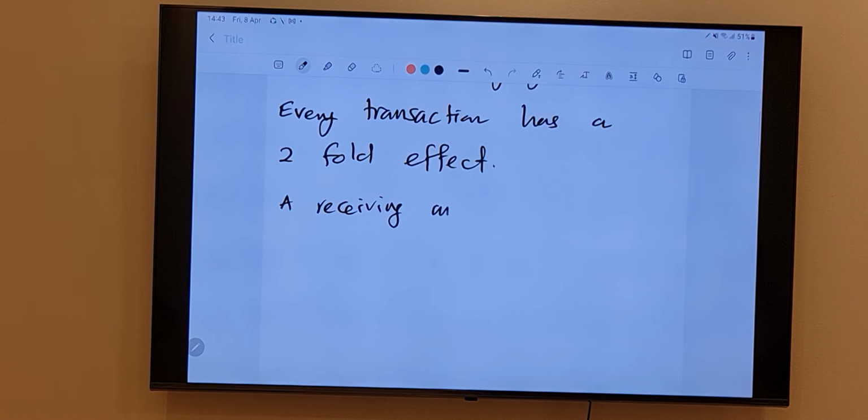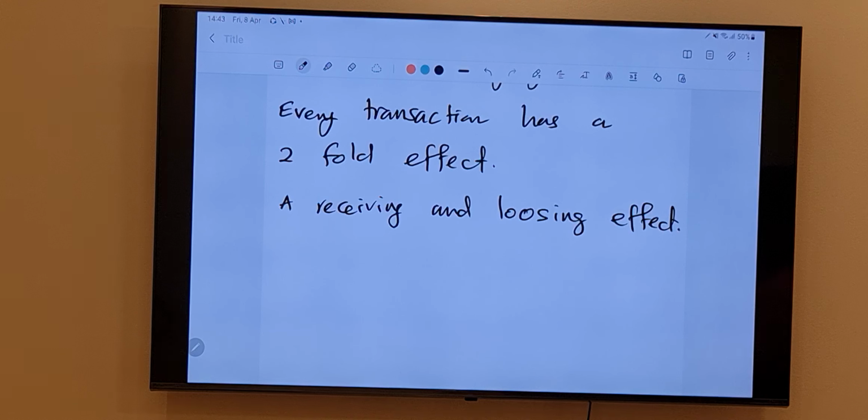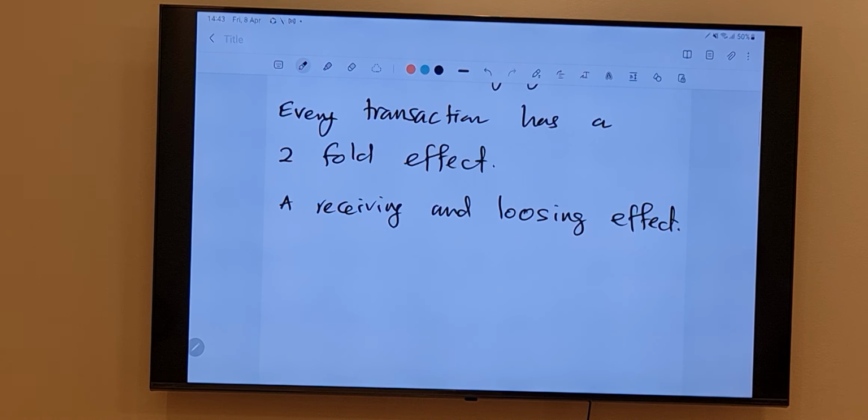Receiving and losing. So this is one point.